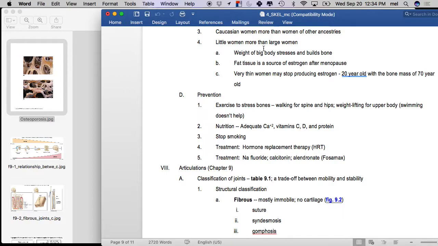So exercising we know is really good for your skeleton. However, swimming, phenomenal for everything else. Really good for your cardiovascular, respiratory system. Really good for your muscle mass. Doesn't do a thing to help with maintaining your bone mass because the water is supporting you, right? You're not having much mechanical stress. So if you really want to be a strong swimmer, you also have to lift weights, right? That's what you have to do.